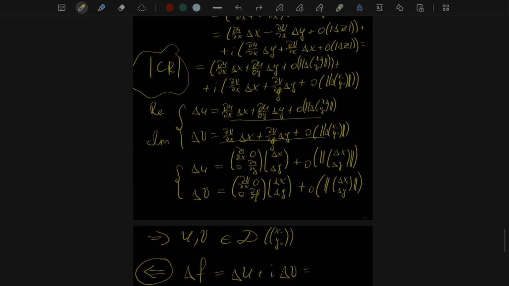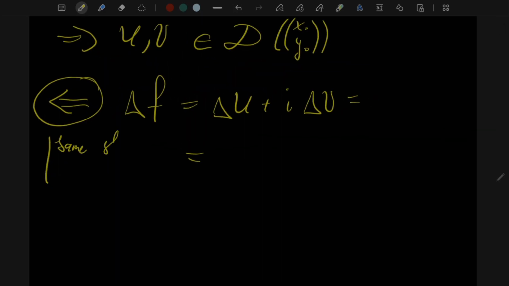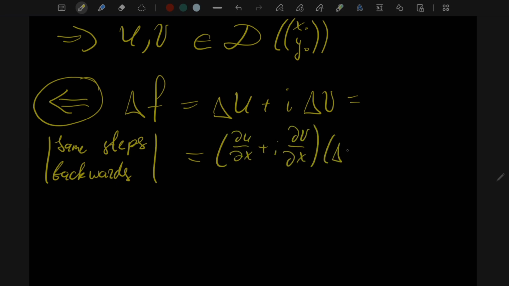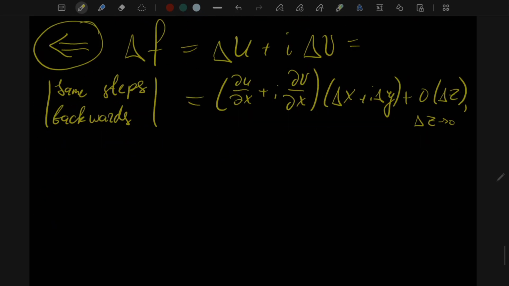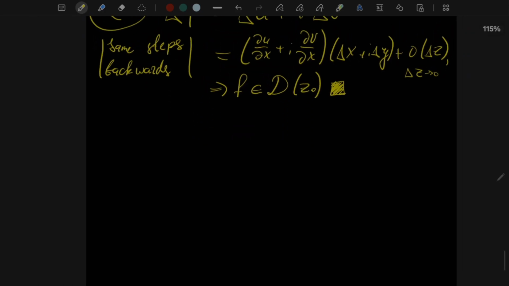So hence f is differentiable. Which concludes our proof.